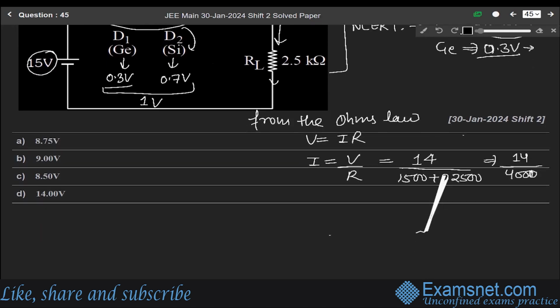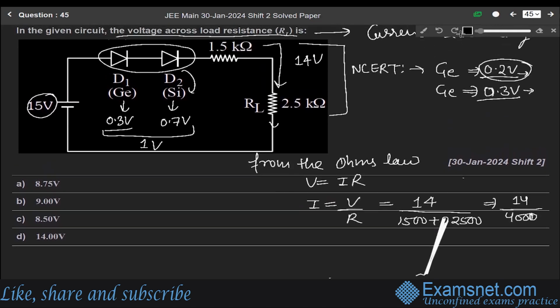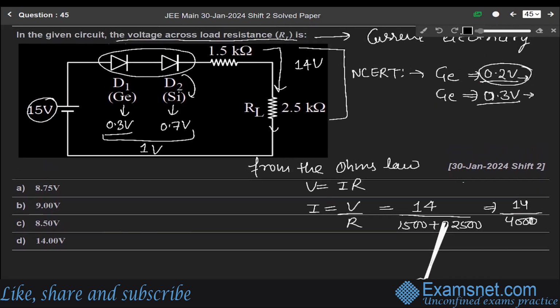So the current will be 14 over 4000 ampere.